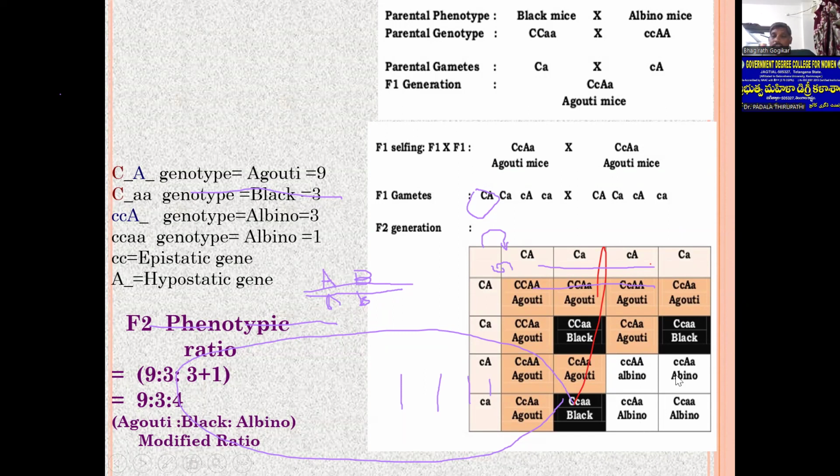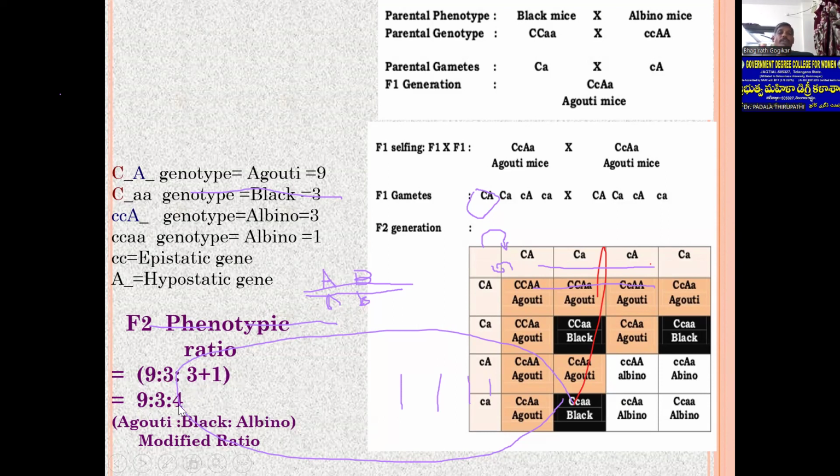Why are these 3 genotypes also albino? Here, the small c masks the action of the gene. That's why all these 3 genotypes are equivalent to homozygous recessive, and they also show the albino character. So 3 plus 1, we are getting 4 albinos.